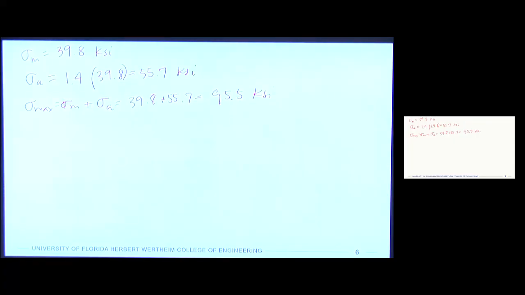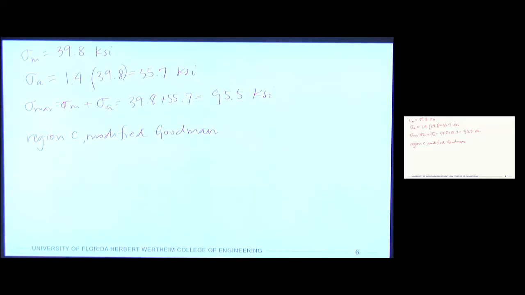Okay, good. So in this case, let's apply our failure criterion. We're in region C, modified Goodman.